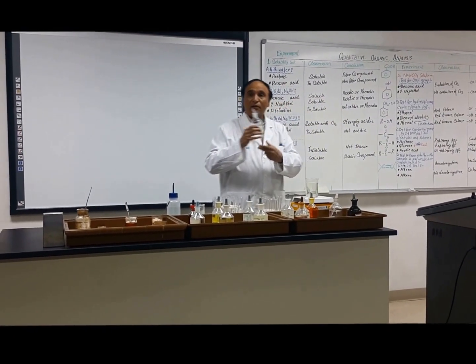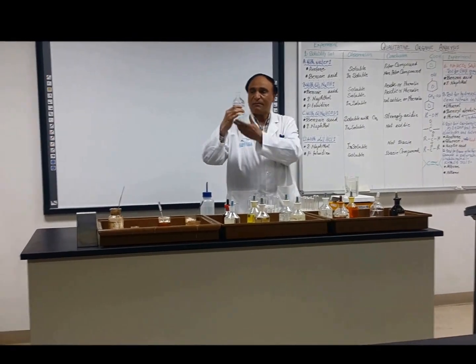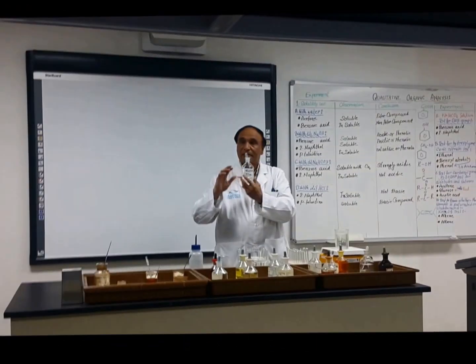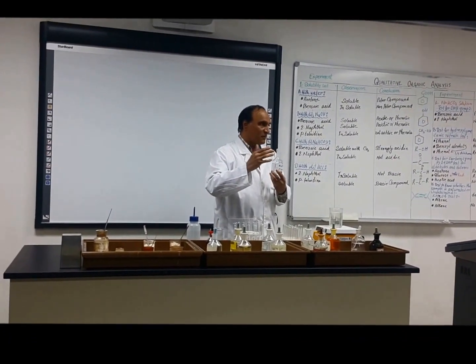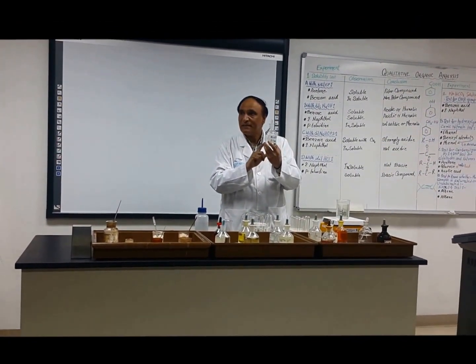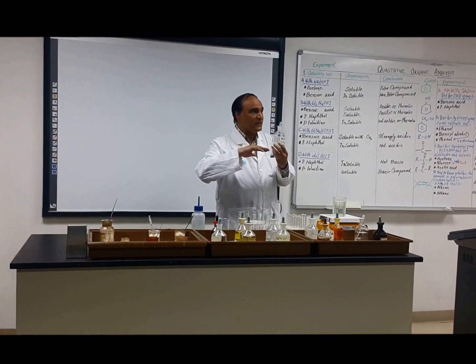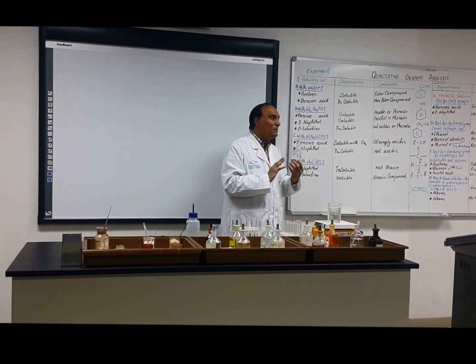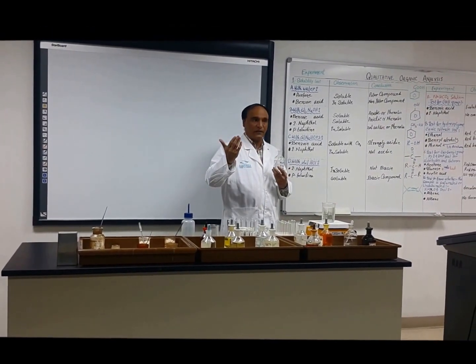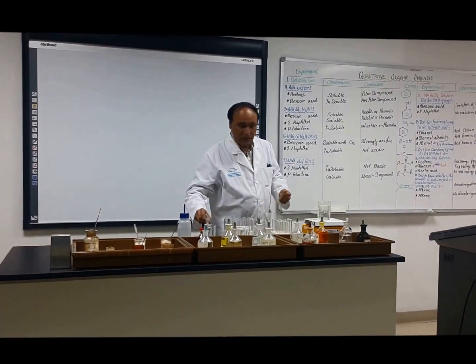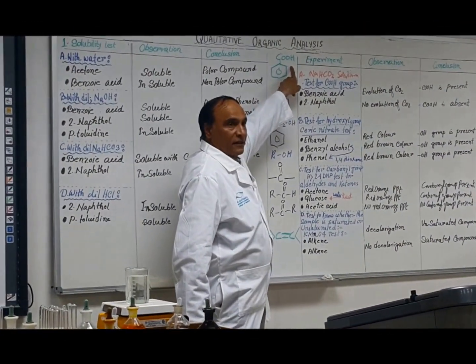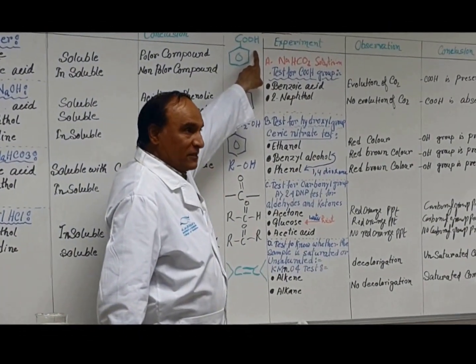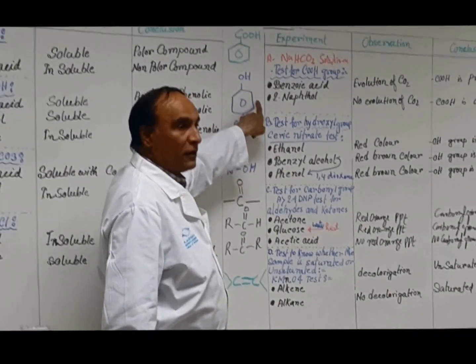Now if anything dissolves in the base, that will be acidic. Any substance which dissolves in the base is the opposite of the base, which is acid. So that will be acidic or phenolic. For example, this is a carboxylic acid. Look over here. It will dissolve in the base. And this is phenol.